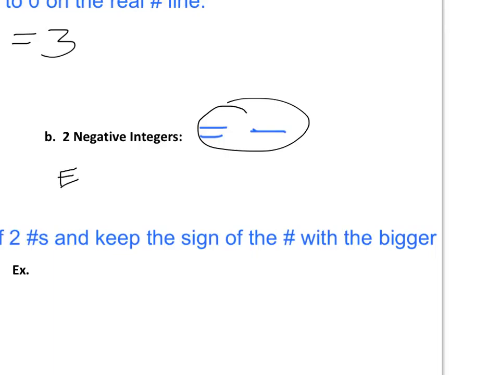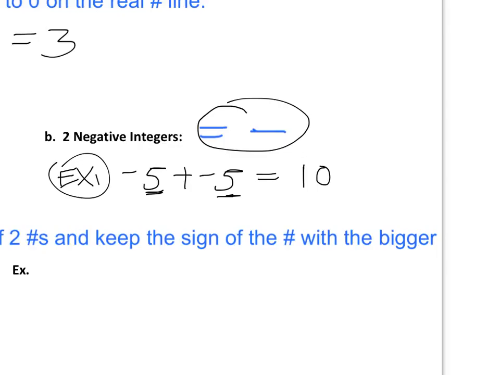So the example right here is, if you had negative 5 plus negative 5, well, you still add the numbers. You still add the absolute value of negative 5 and negative 5, so it's 10, but then you keep the negative there. All right, a lot of students will get that confused. If you multiply two negative numbers, you get a positive, but here, if you add two negatives, you still get a negative.